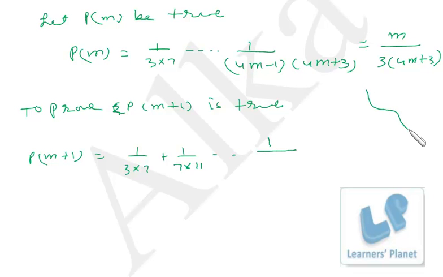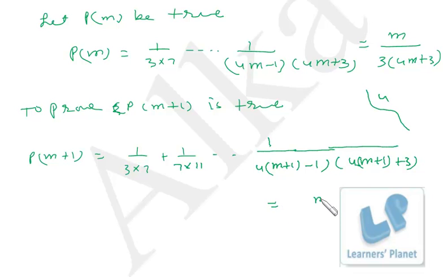So what it will be: (4(m plus 1) minus 1) into (4(m plus 1) plus 3), is equal to (m plus 1) upon 3(4(m plus 1) plus 3). That we have to prove.